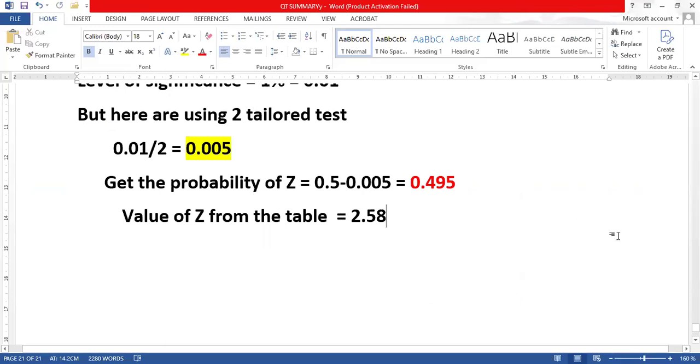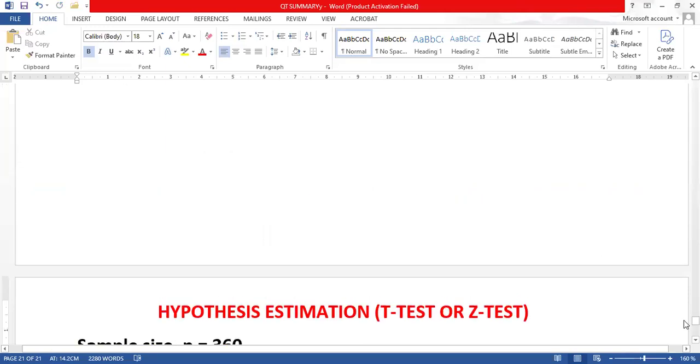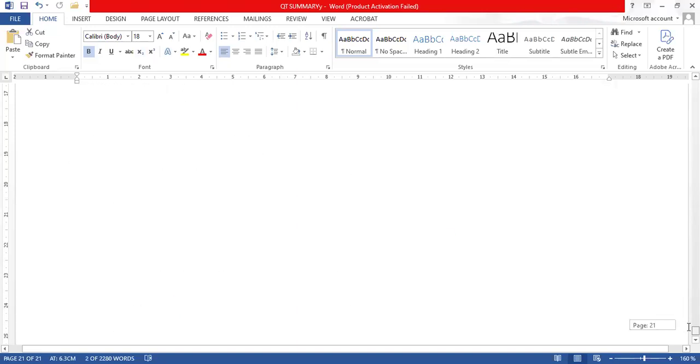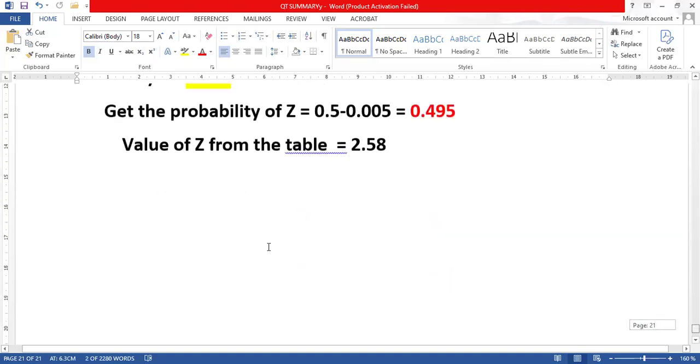Okay. Now, once I get the value of Z from the table, I substitute in the formula because we have everything. We have x bar, that is the sample mean. We have the value from the table. We have the standard error. So you can get the population mean. The easiest way is the lower limit.